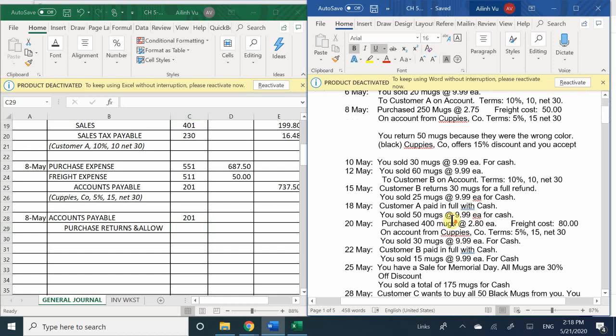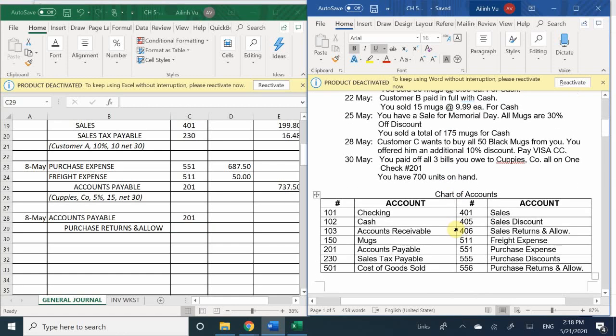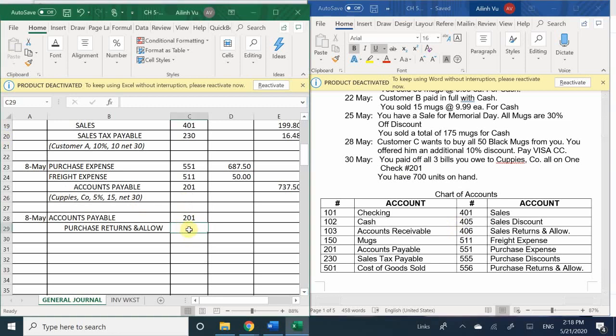Okay, so let me see what account number that is. It is 556. And what numbers are we going to be using?